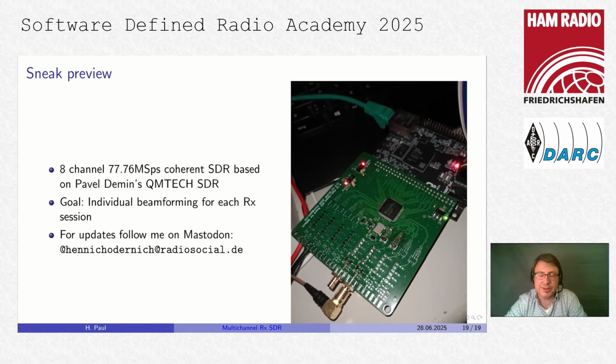Use different beamforming vectors for each session that actually receives one band at the moment. And that would be the goal to implement. I'm only at the very beginning at the moment. But yeah, I'm planning to put further work in that.